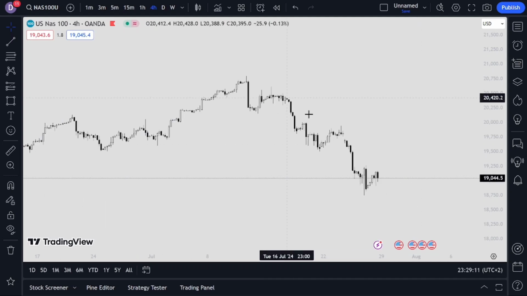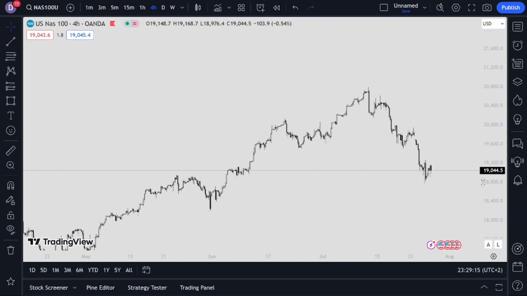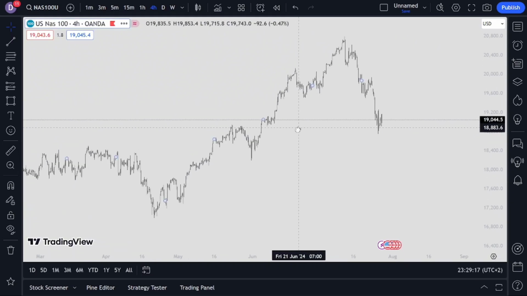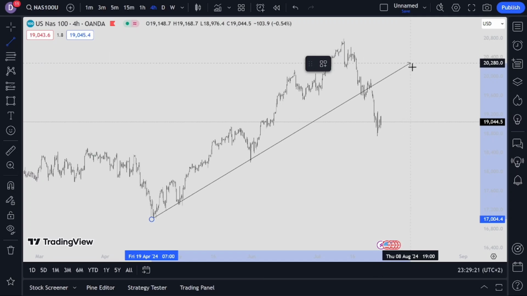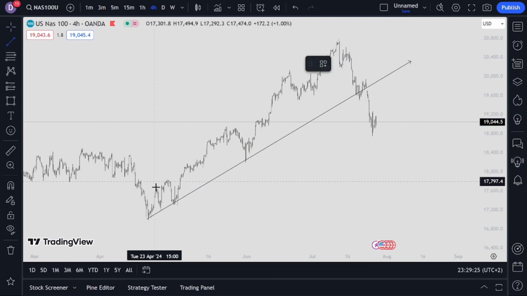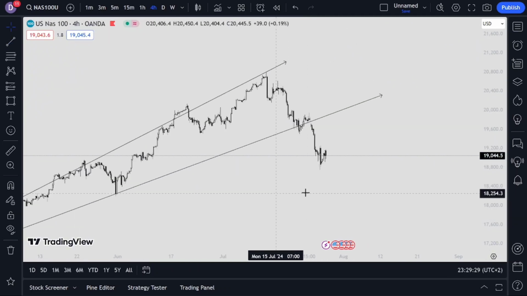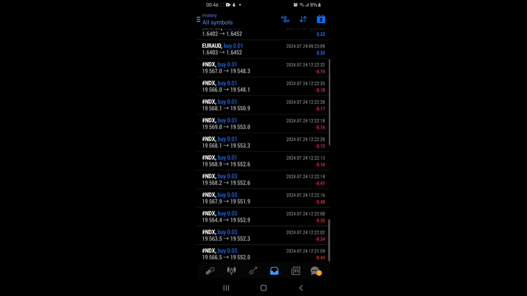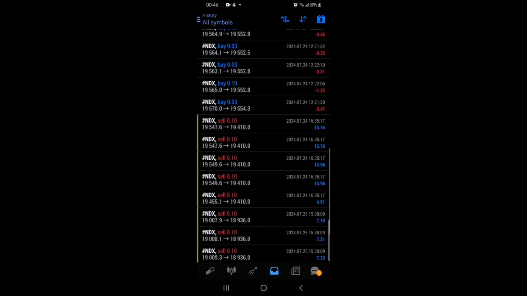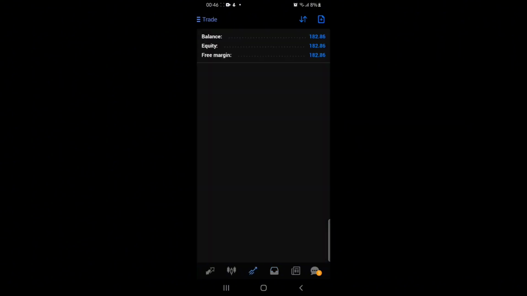All right, Nasdaq. Last week, for the entire week, it has been bearish. Someone messaged me and asked me to flip his account. I accepted the deal, and I made him like $100 in just 2 trades, just on Nasdaq alone, taking sells, because I saw that we broke the trend and it's been going to the downside.